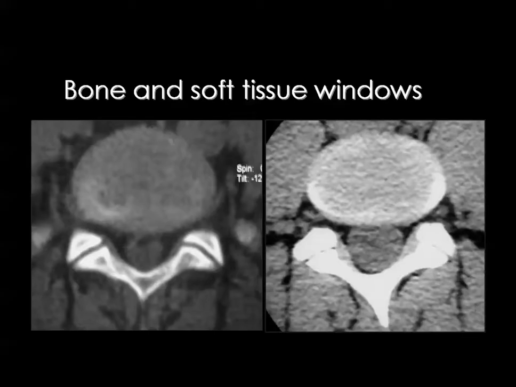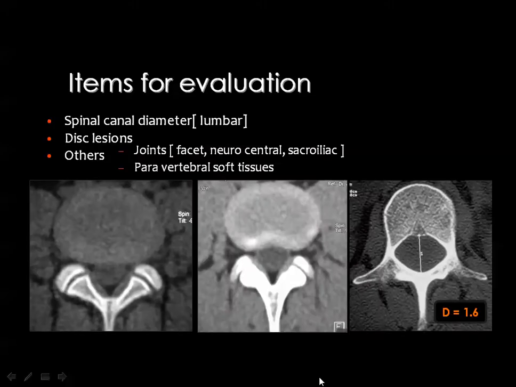If we are evaluating a soft tissue structure, we should look in the soft tissue window, while if we are evaluating a bony structure, we should look in the bone window images so that we can do an accurate evaluation.